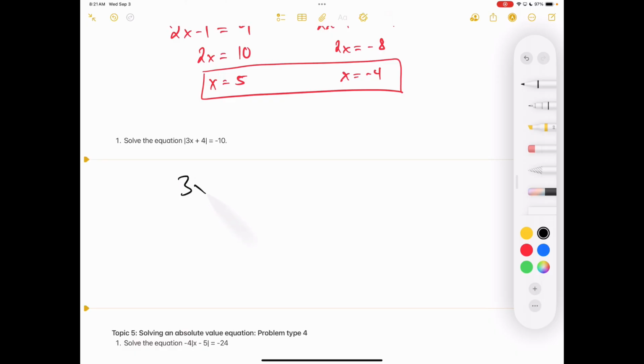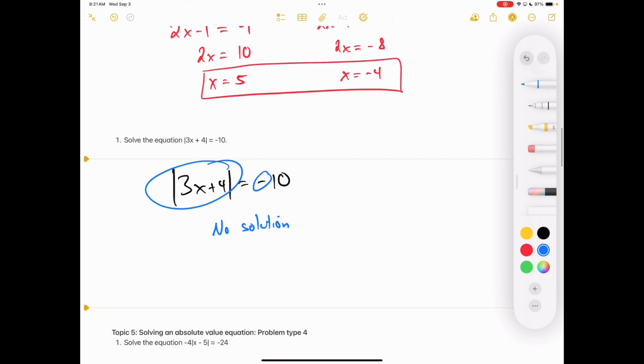So if I have this one right here and I rewrote it as equals negative 10, the absolute value can never equal a negative number, right? Because it always turns it positive. So this one is no solution. If you ever have it down to where you only have the absolute value by itself and it equals a negative number, it is no solution. Absolute value never equals a negative number.